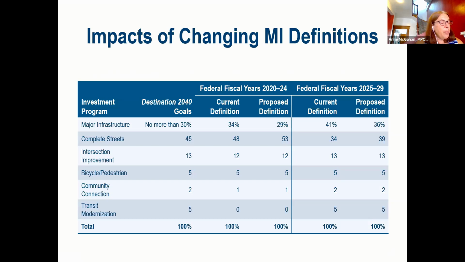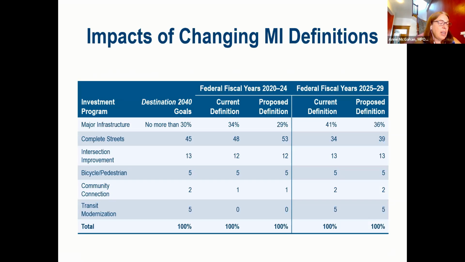So there are some impacts on the MPO's funding goals with the major infrastructure program definition changing. Staff recalculated the funding percentages for each investment program for projects that are currently programmed in the LRTP and 21 to 25 TIP. So this table, which is also table 8 in the memo, shows the investment program in the first column with its LRTP funding goal in column 2.